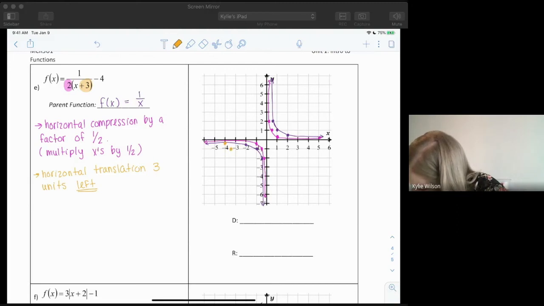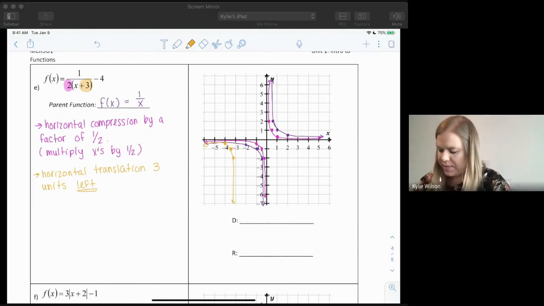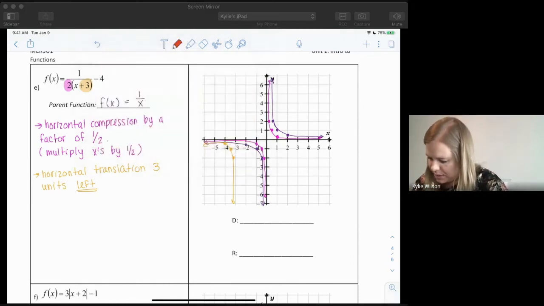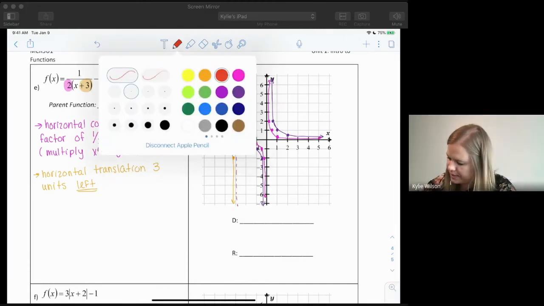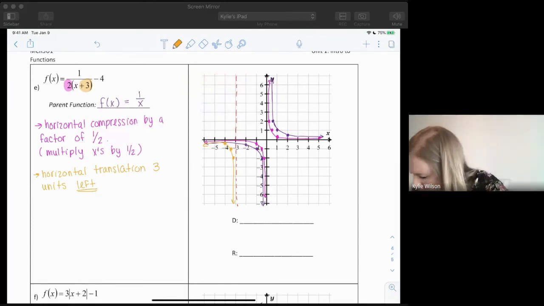It's going to look like that, still hugging the x-axis, and now hugging the new vertical line as our other asymptote, like this. So let's do it with the other set of dots.